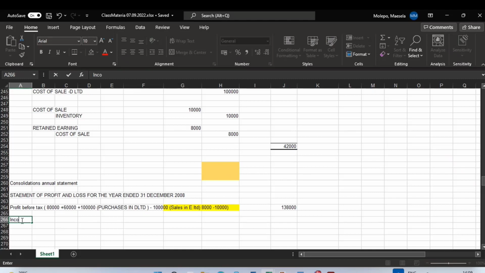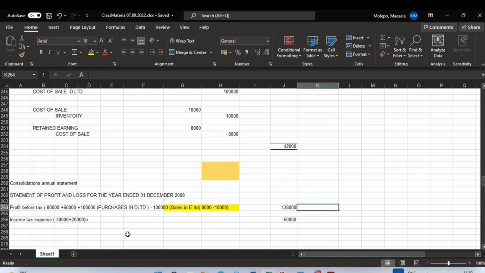Then income tax expense. This one is just given straightforward. 80 plus, they give us 50. And profit for the year.